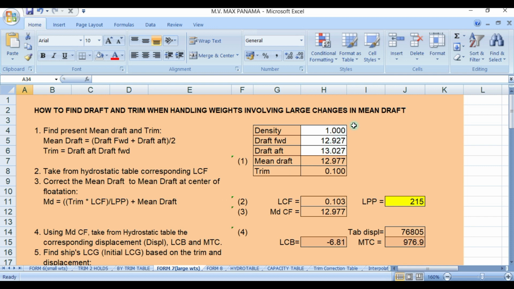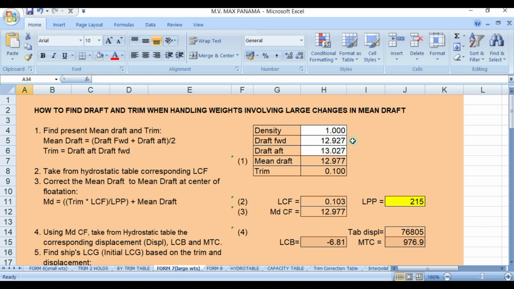For example, now we are loading in Baton Rouge, and we have a target drop forward of 12.927, an aft draft of 13.027, and our mean drop, or our maximum departure drop in Baton Rouge, is 12.977. So we have a trim of 10 centimeters.